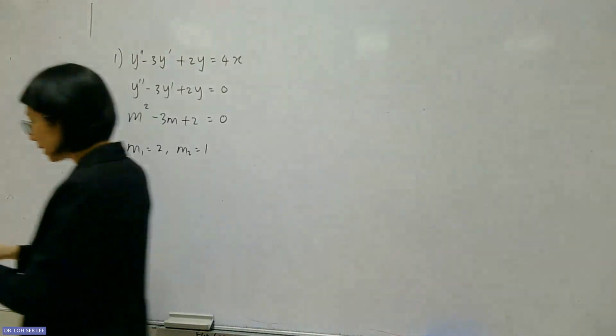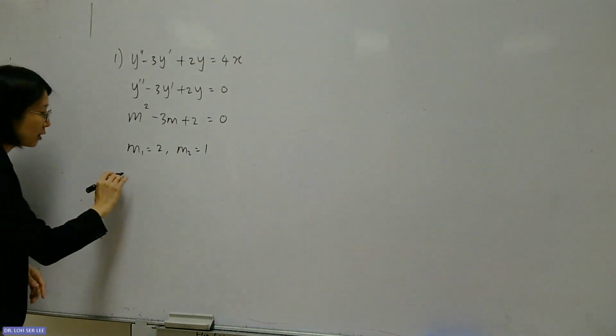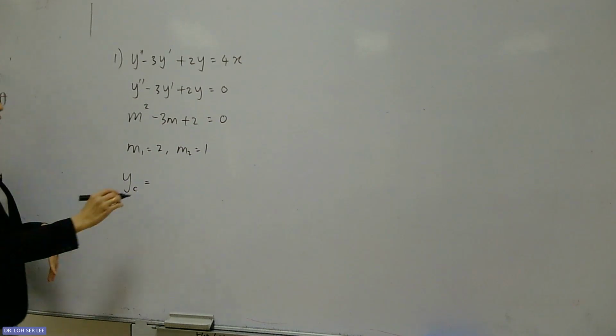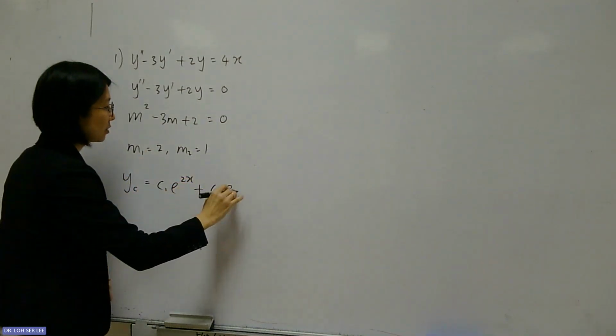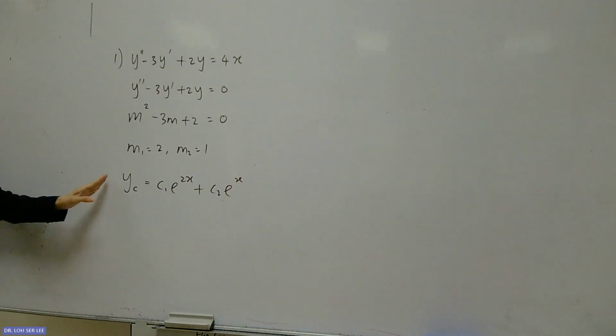So this is real and distinct, case 1. And what it has now is yc, so c1 e^2x plus c2 e^x. This is what you have learned in the last class.